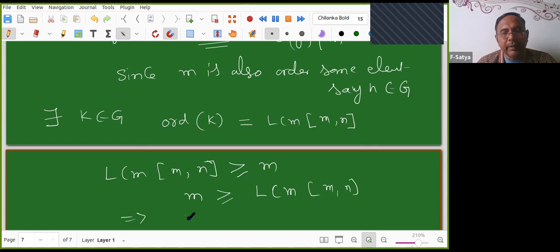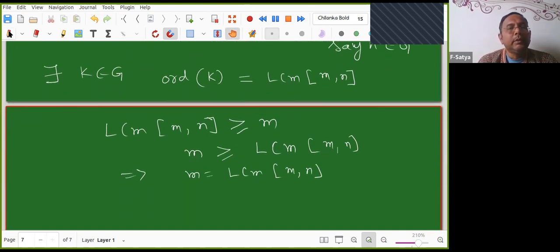So this implies M is equal to the LCM of M and N, so N divides M. Any questions?